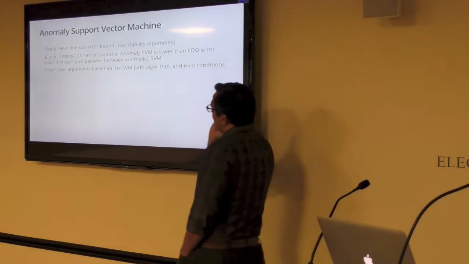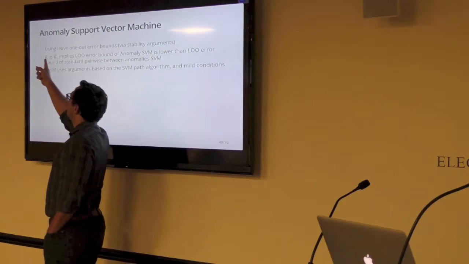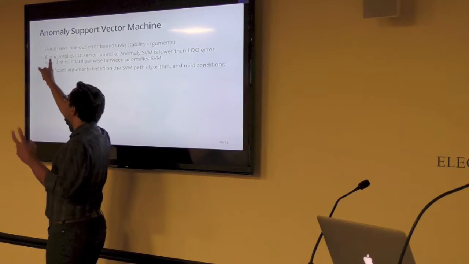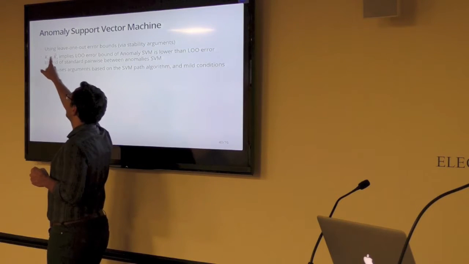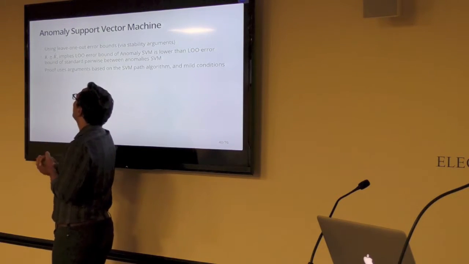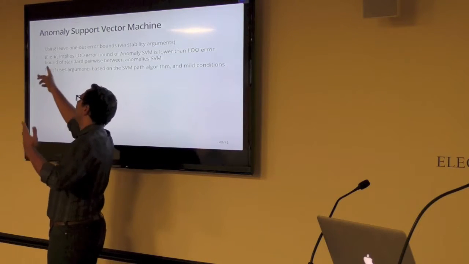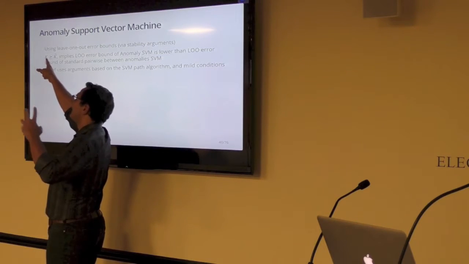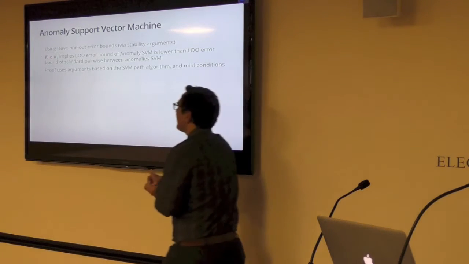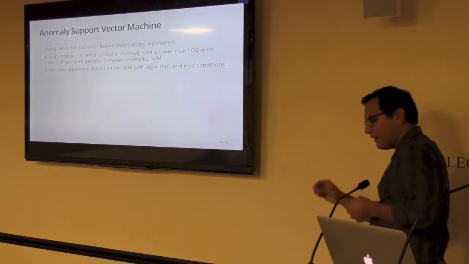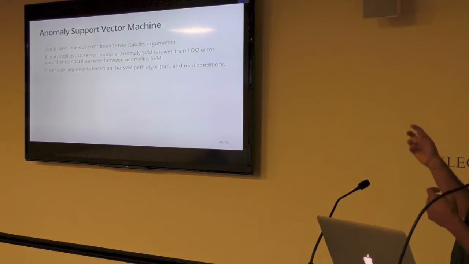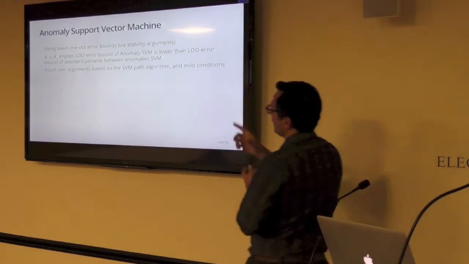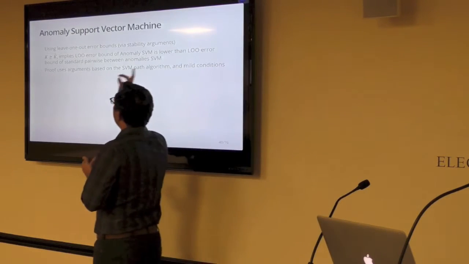So we looked at that and found that under certain conditions, if the kernel between anomalies, when you compare adenomas and carcinomas, is larger in some mathematical sense than this indirect kernel, and the technical term is that in the positive semi-definite cone this direct kernel is bigger than the indirect kernel, we can show that the leave one out error bound of the predictors that we can build from this indirect similarity is bounded by the leave one out error of the standard SVM.